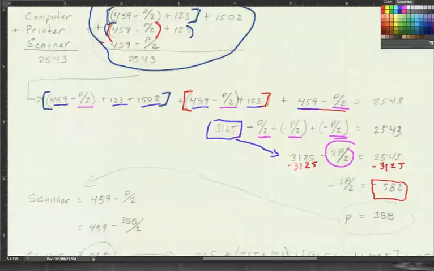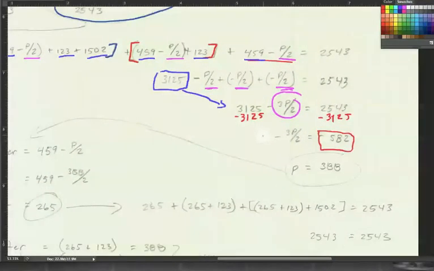Come down there, I'm going to multiply by negative 2 over 3. Oops, that's an ugly 3. And that's going to give me p equals 388.